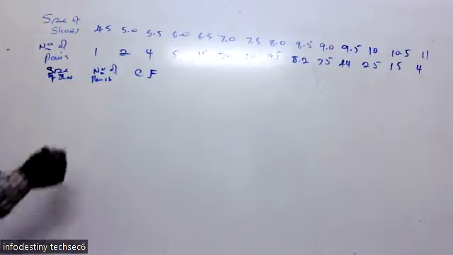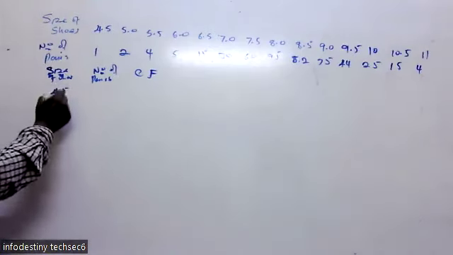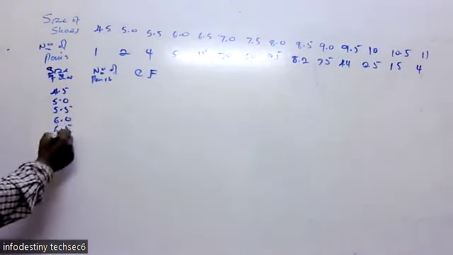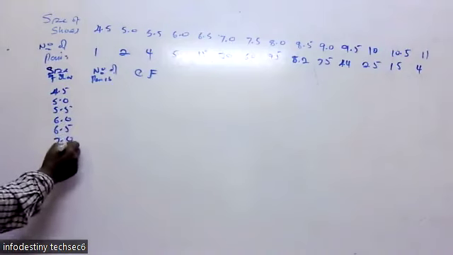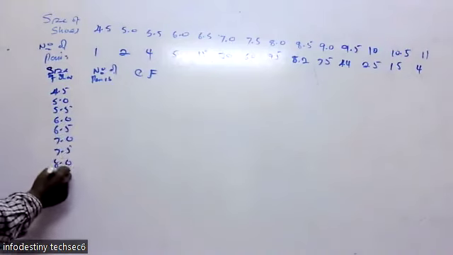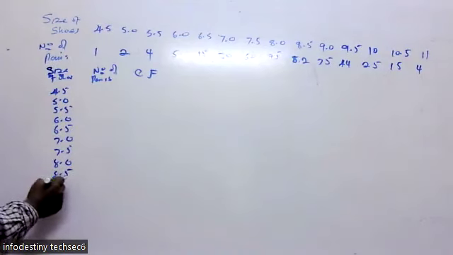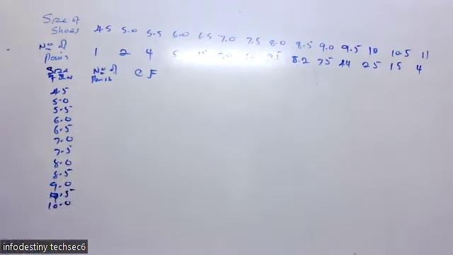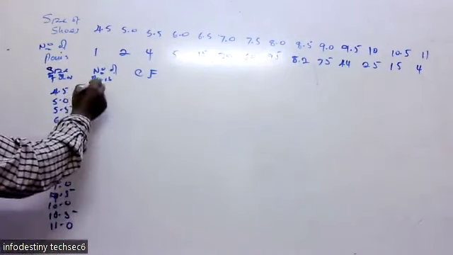Now, this is going to be 4.5, 5.0, 5.5, 6.0, 6.5, 7.0, 7.5, 8.0, 8.5, 9.0, 9.5, 10.0, 10.5, 11.0.